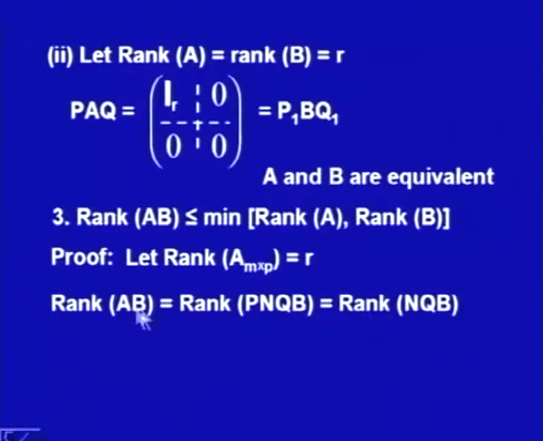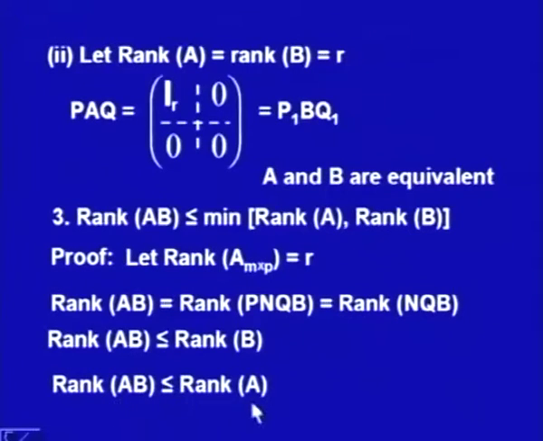So, that is why rank of AB is equal to rank of NQB, and rank of AB is less than or equal to rank of N, and from here rank of AB is less than or equal to rank of A. Similarly, one can prove this for B, and now we can combine these two results, and that gives me that rank of AB is less than or equal to the minimum of rank of A and rank of B.